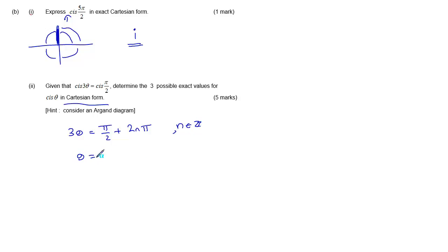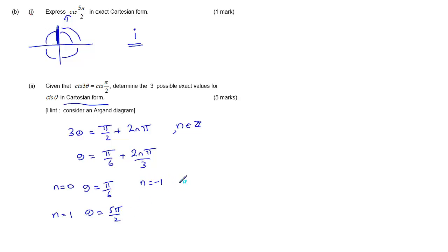So theta is going to be pi by 6 plus 2n pi by 3. So n equals 0 gives theta is pi by 6. n equals 1 gives that theta is pi by 6 plus 2 pi by 3. So that's pi by 6 add 4 pi by 6, which is 5 pi by 6.